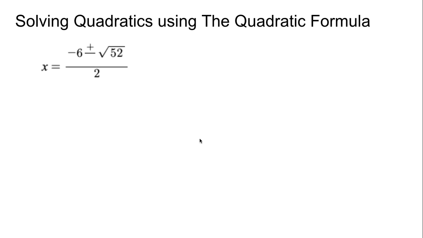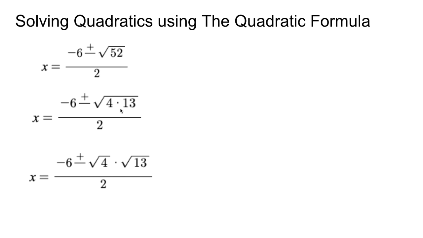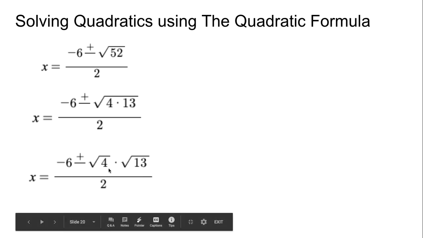But let's continue with our solution. We could just leave it here, but there's some simplification that we can do. When I see that 52, I know I can't take the square root of that, but I can factor it in a very specific way so that I have an actual square number factored out. The reason I want to factor a square number out of 52, like 4, is because then I can divide up my square root into the product of two square roots, and I can actually evaluate this one.